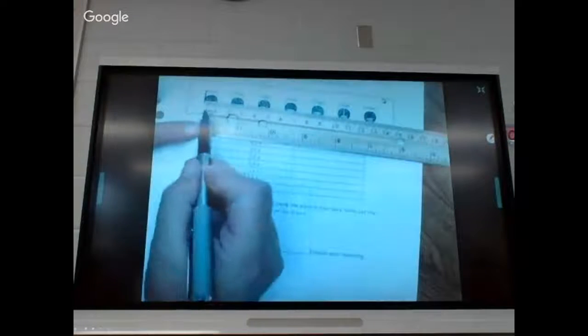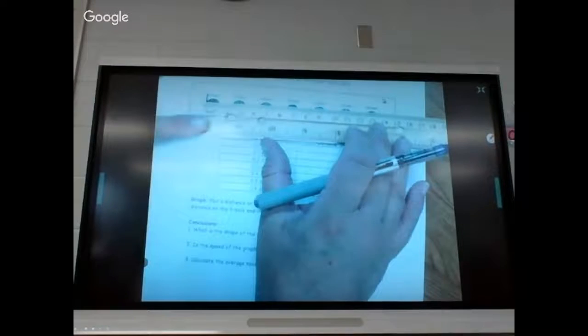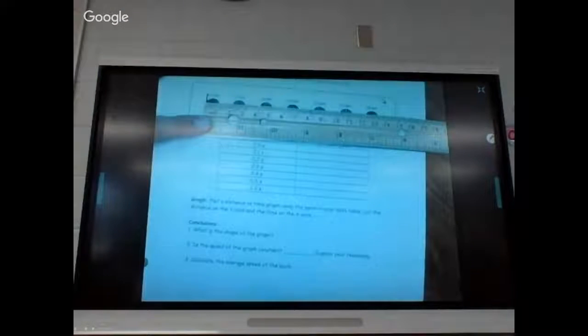Okay, you're going to take your ruler. See this line that's right here? That's the very beginning. That gets lined up with the very front edge of the hockey puck. Now, once you get to your counter, try not to lift the ruler off the paper. If you do, line it back up with the front edge of the hockey puck again.